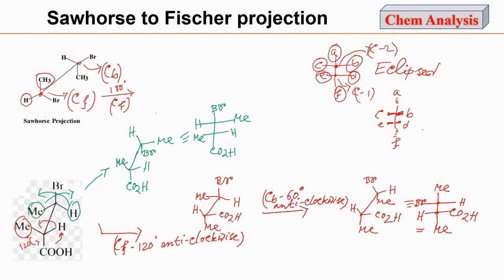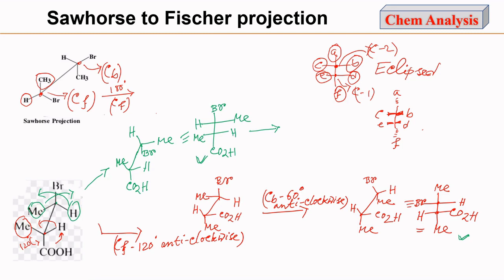Now, since I have told previously that it does not matter which substituent you are keeping on the vertical axis, the structure will be same in both the cases. So let's see whether this structure and this structure are similar or not. Now we can exchange the position of the substituents on this chiral carbon center in the Fischer projection formula following the rule, and that rule I will discuss in a later video.